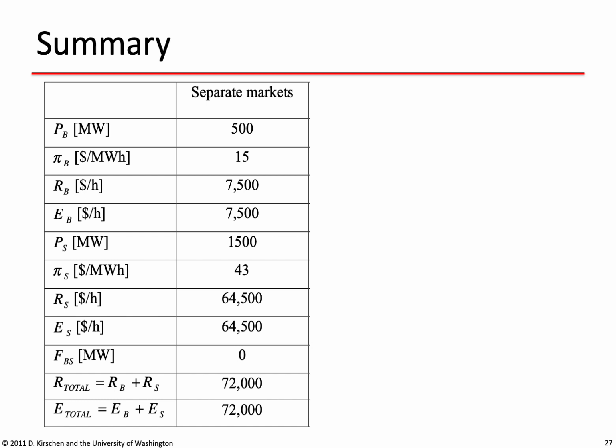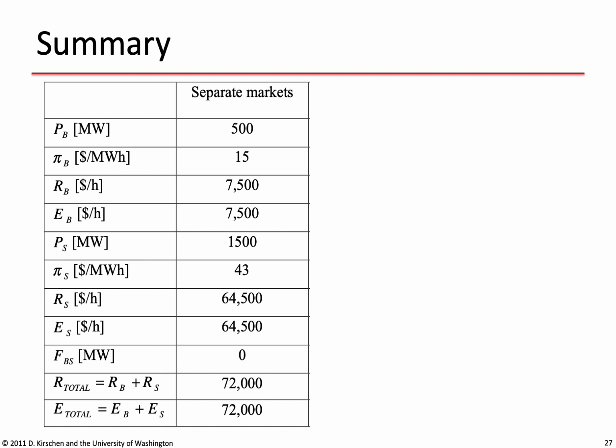We have seen that in that case the price in Borduria is $15 per megawatt hour, and therefore the generators in Borduria collect a revenue RB of 7,500, which is 15 times 500. The consumers in Borduria pay an amount EB, which is also 7,500, because it's also 15 times 500, the demand in Borduria.